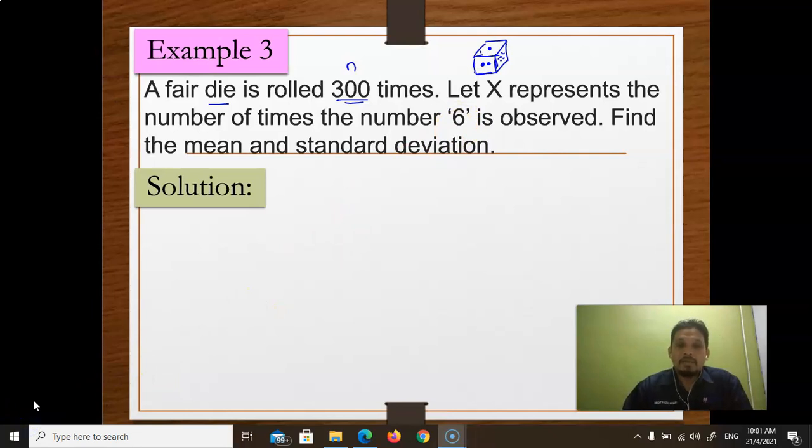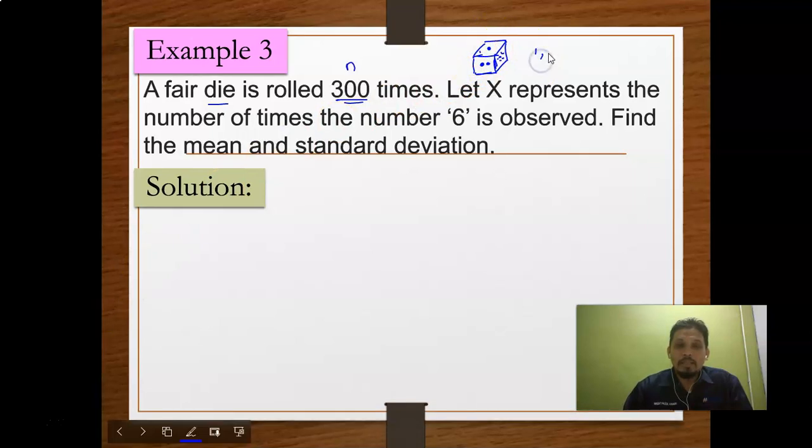Class, when we throw a dice, we will get a result. It's either 1, 2, 3, 4, 5, or 6, meaning there are 6 results here. Every single result has probability 1 over 6.